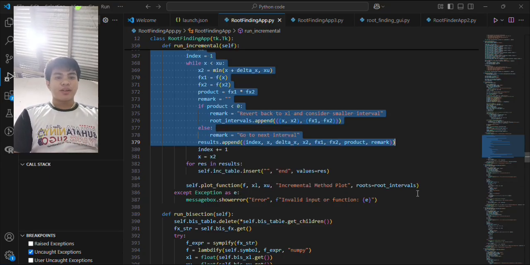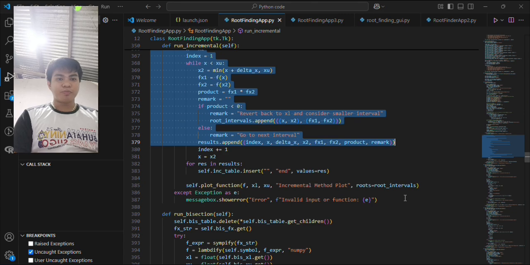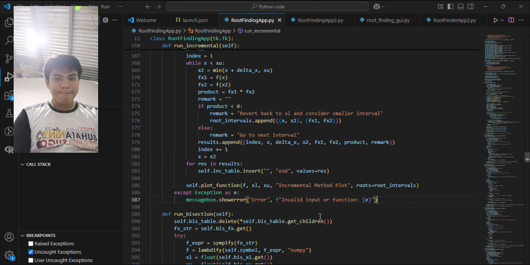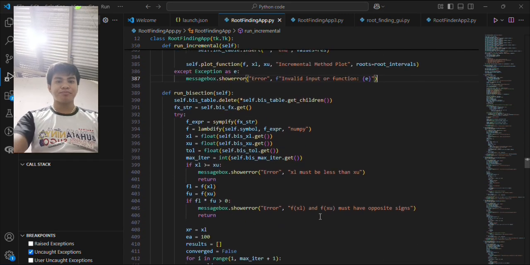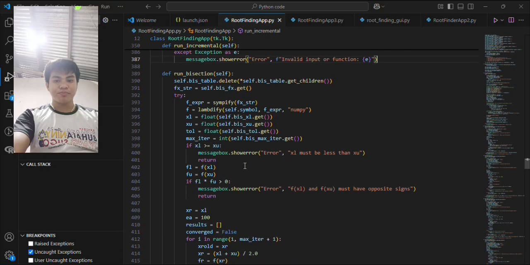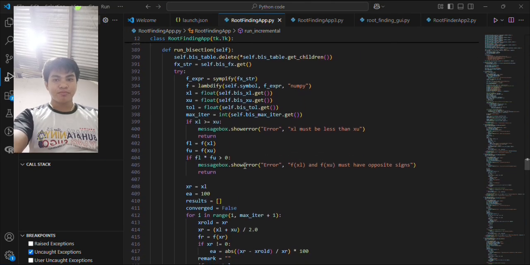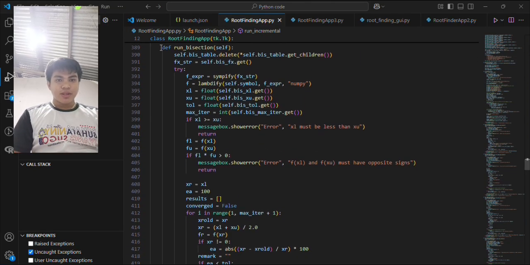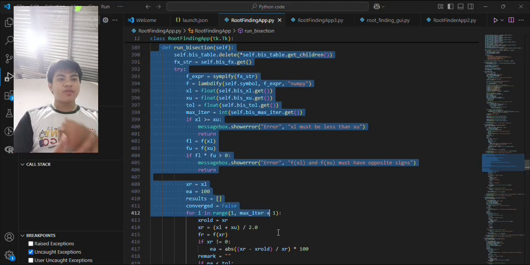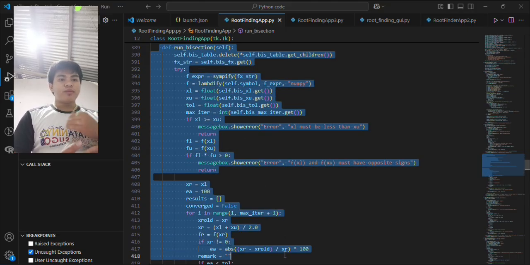Now let's proceed to bisection. The bisection method narrows down a root by repeatedly halving an interval where the function changes sign.